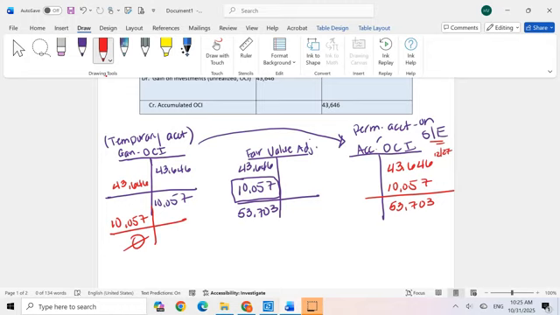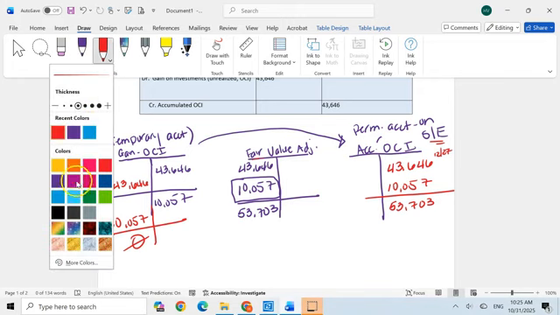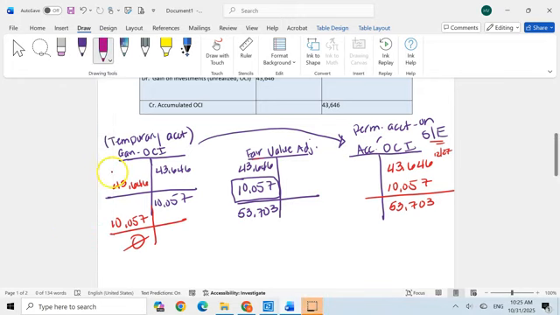And what we're going to do is we also need to close out our fair value adjustment account because we don't need it anymore, because now we have sold our investment. So I'm going to pick purple. Here we go.